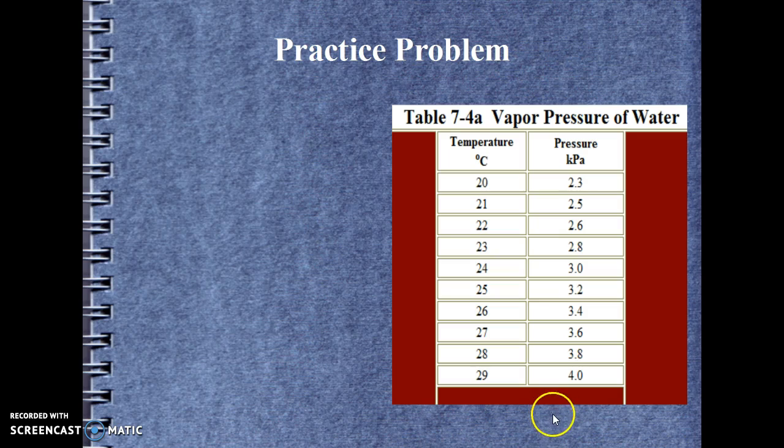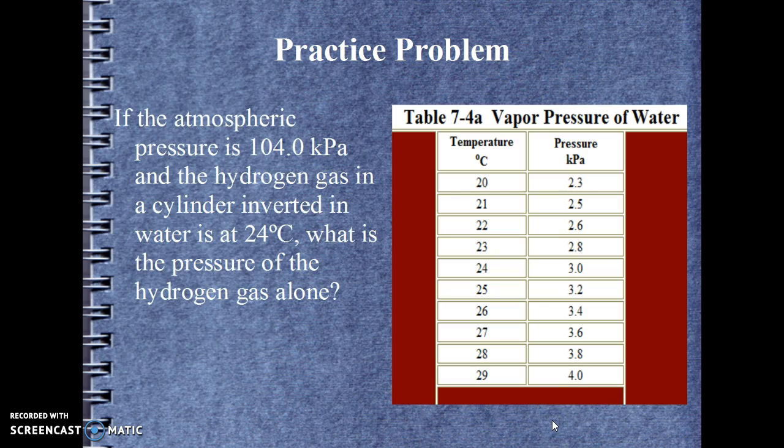Here's our vapor pressure table. If the atmospheric pressure is 104 kPa outside and the hydrogen gas in a cylinder inverted in water is at 24 degrees, what is the pressure of the hydrogen gas alone? So the pressure of the hydrogen gas must be the total pressure minus the water vapor pressure, which at this temperature, 24 degrees, is 3 kPa.